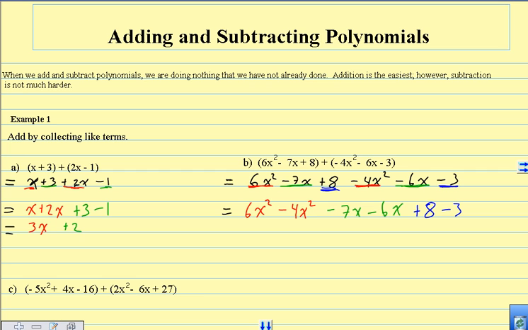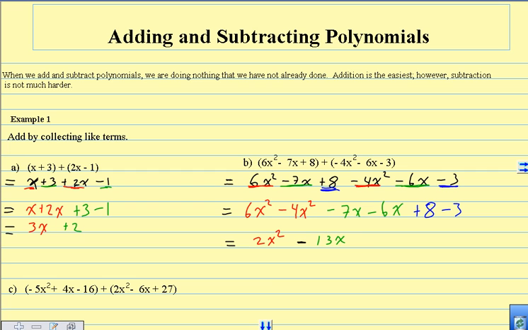Alright, and when we clean this all up and add our like terms together, we get 6x squared minus 4x squared leaves us with 2x squared. Okay, and then we're going to have a minus 7x and take away 6 more x from that, so that's going to be minus 13x.